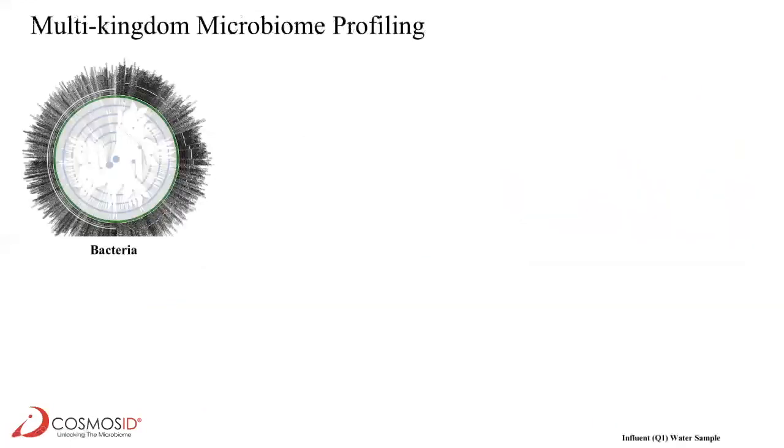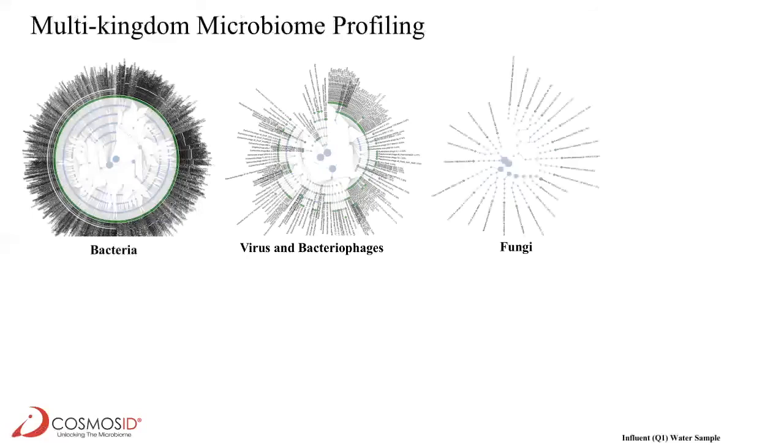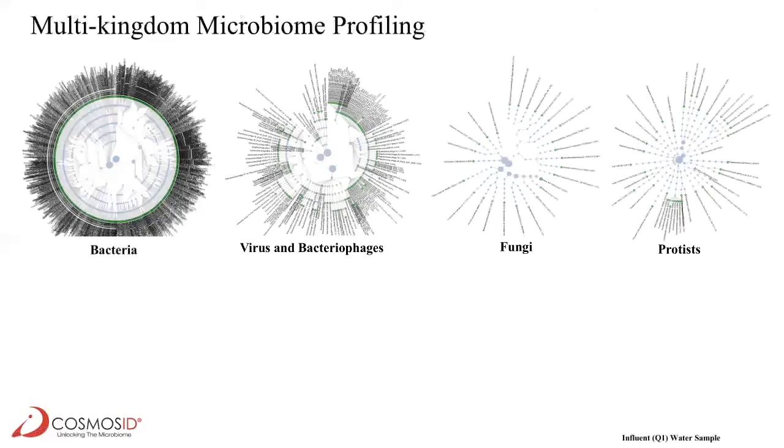Like you see here, this is multi-kingdom microbiome profiling that you can achieve with the CosmosID platform. Most of the tools only look into bacteria and archaea, whereas we provide bacteria and archaea community profiling, as well as viruses and bacteriophages, along with a lot of micro-eukaryotes that have tremendous importance in the non-bacterial microbiome, in understanding how the non-bacterial microbiome contributes to a variety of health and wellness outcomes, and also in the development of therapies and for diagnostics.